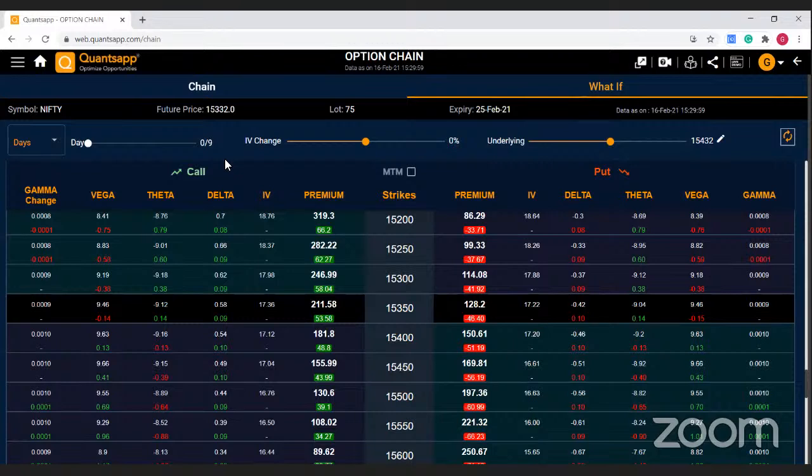And that is the one mistake which we all make, because an option is a wasting asset. It comes with an expiry, so it expires at a particular time, and until that expiry it has time value of money. That particular time value is explained by theta. So theta says if you are holding an option for a particular day, you're going to lose a small amount of money or maybe a big amount of money.